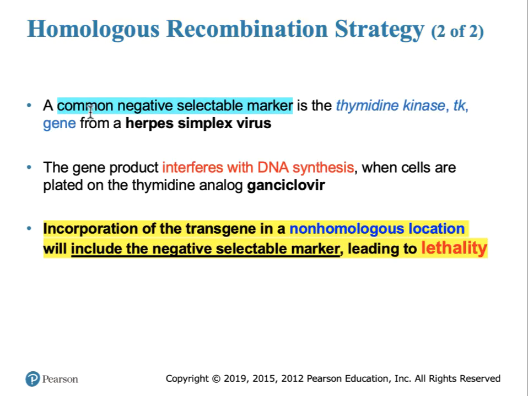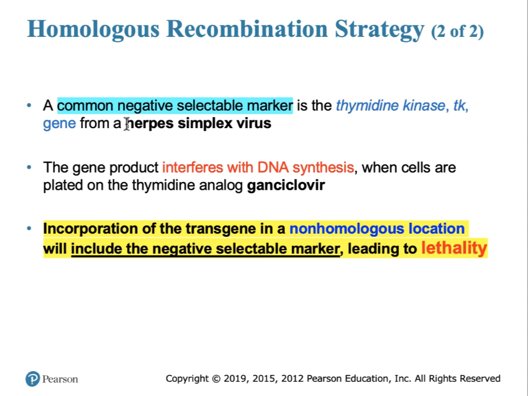A very commonly used negative selectable marker is thymidine kinase, or TK, and that comes from the herpes simplex virus. The product of this gene interferes with DNA synthesis when cells are grown on a plate containing thymidine analogs, like ganciclovir. The logic is straightforward.